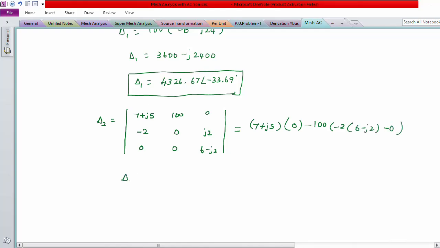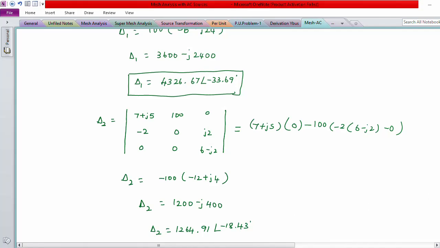If you simplify this, we will get minus 100 into minus 12 plus j4. So the delta 2 value becomes 1200 minus j400. If you convert this delta 2 value into polar form, we will get 1264.91 at an angle minus 18.43.